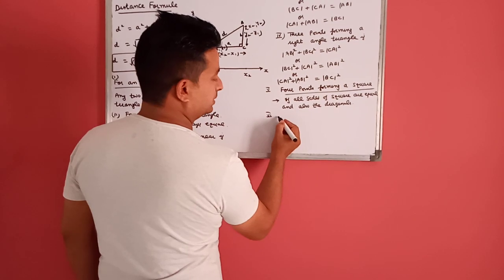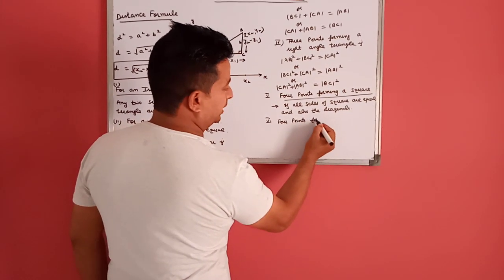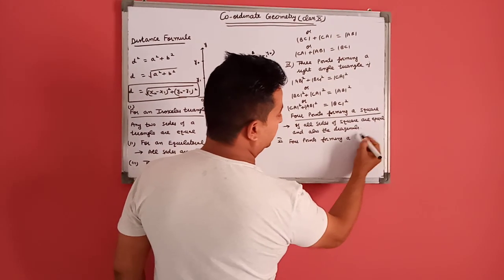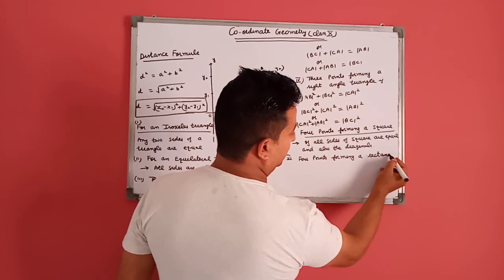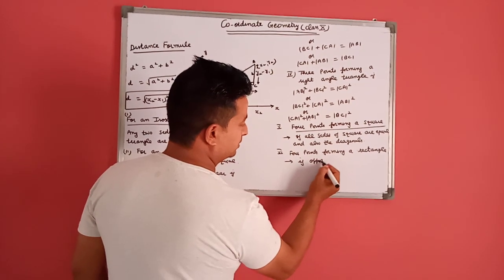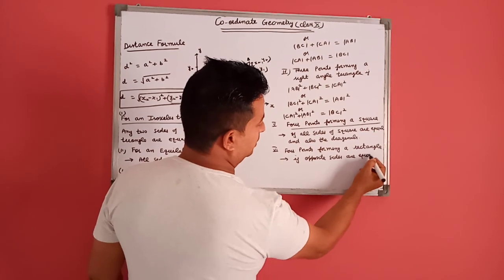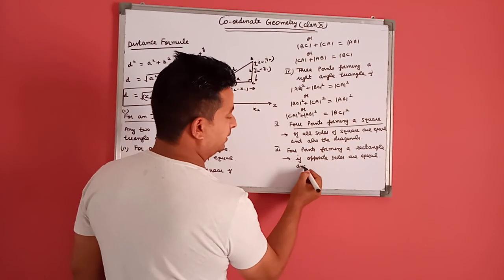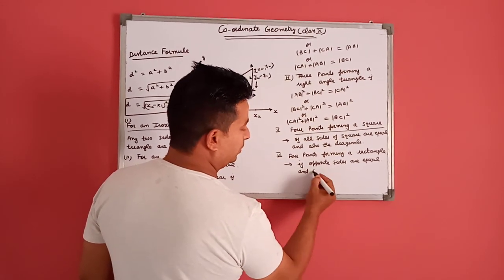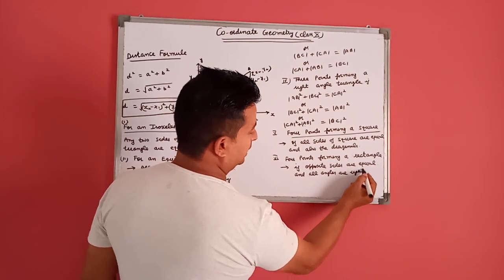Sixth, 4 points form a rectangle if opposite sides are equal and the diagonals are equal and all angles are right angles.